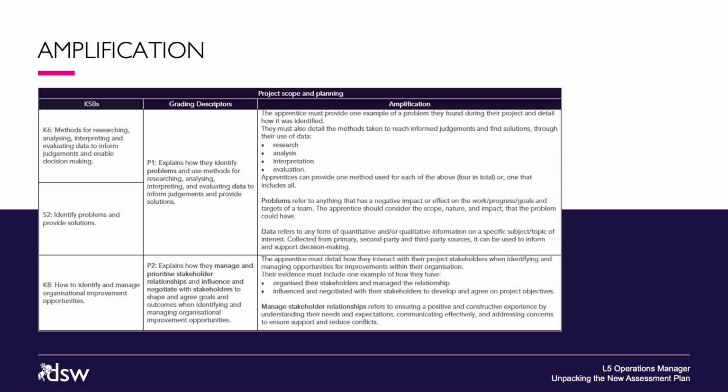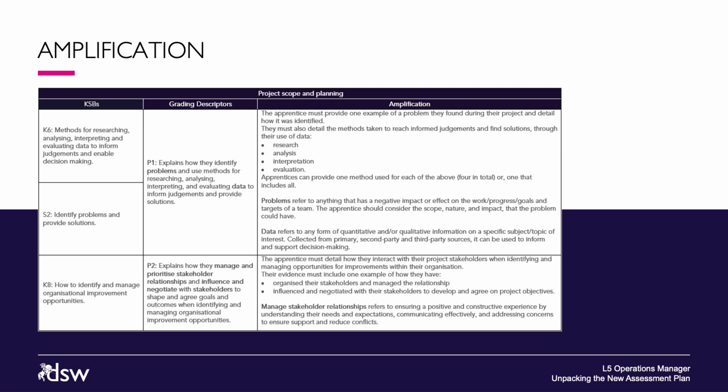They also must detail the methods taken to reach informed judgments and find solutions through their use of data research, analysis, interpretation, evaluation. Apprentices must provide one method used for each of the above, 4 in total, or one that includes all. So in that breakdown, the apprentice will be able to understand exactly what they need to provide, how much they need to provide in order to achieve that descriptor.